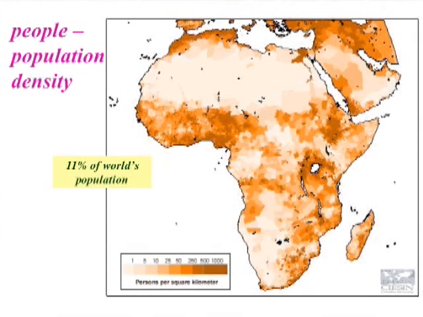If you look at that slide, you'll see the darker part where you have the highest density of human beings on the continent. Around the equator, you have more people than when you go further from the equator, to the north or to the south. And we'll see which kind of vegetation we have in these different parts of the continent.